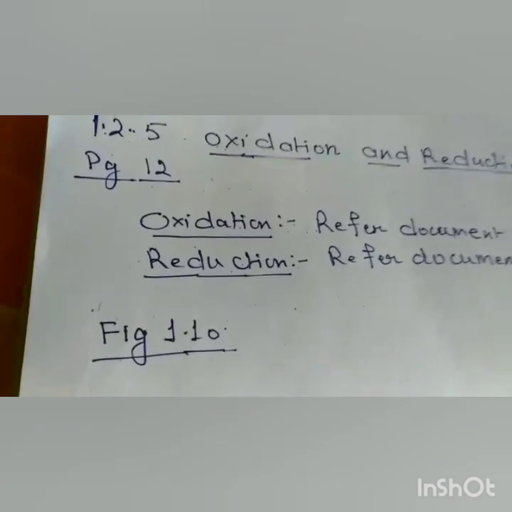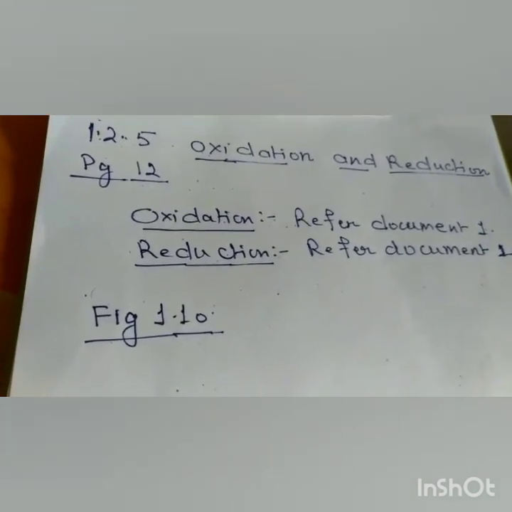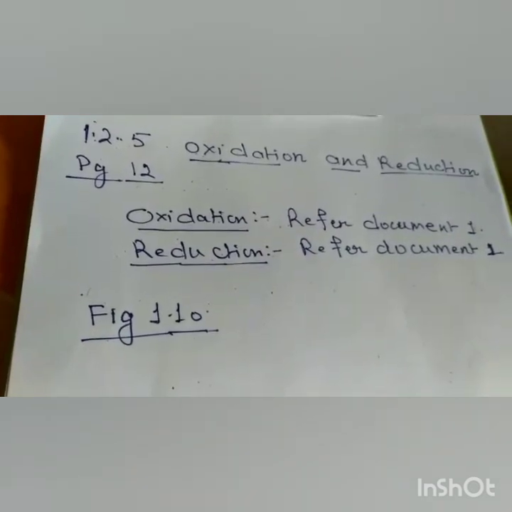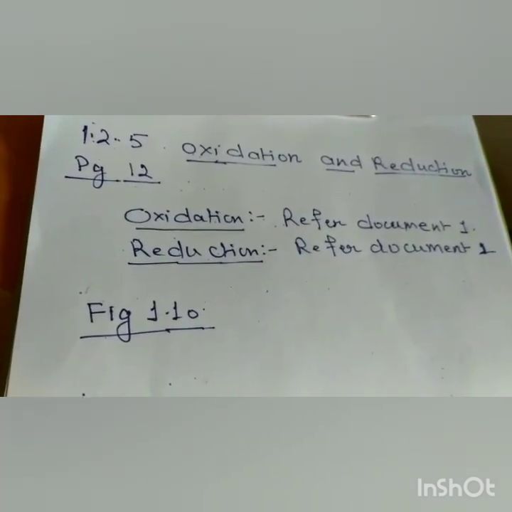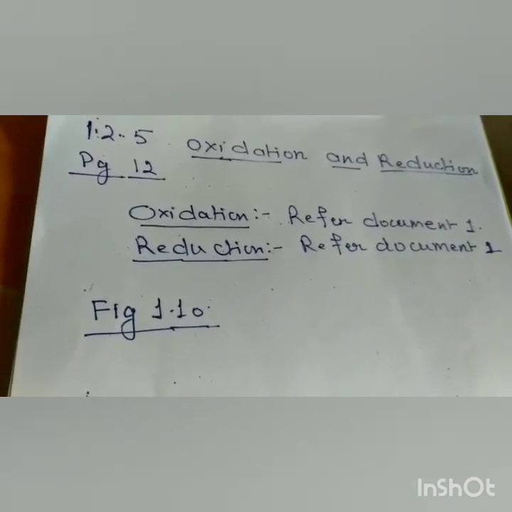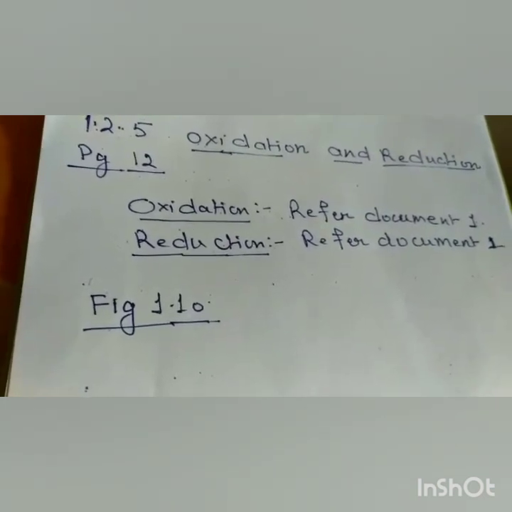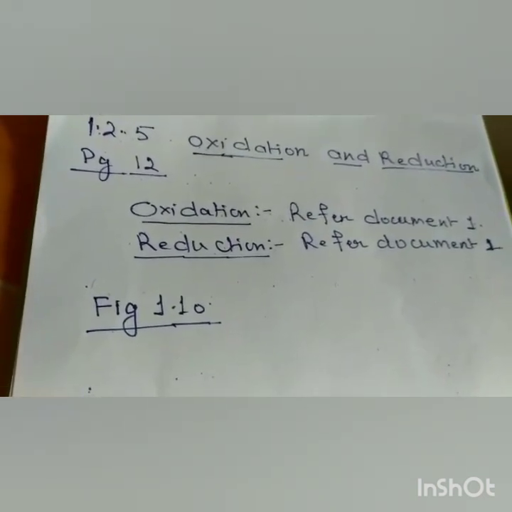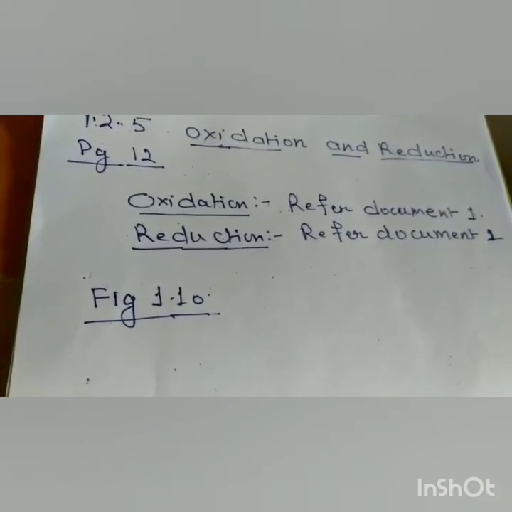Students, now all of you please see figure 1.10 given on page 12. Here you will see that a Bunsen burner is burning, a tripod stand is kept over the Bunsen burner, a wire gauze is kept over the tripod stand, and on the wire gauze a china dish is kept in which copper is kept.